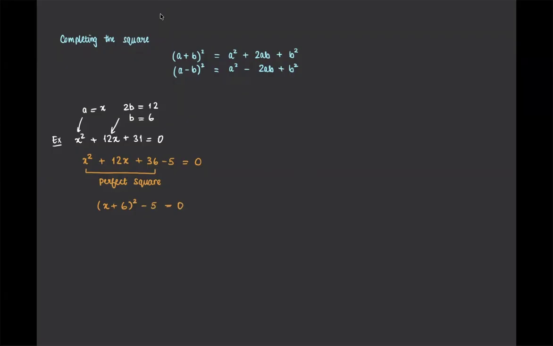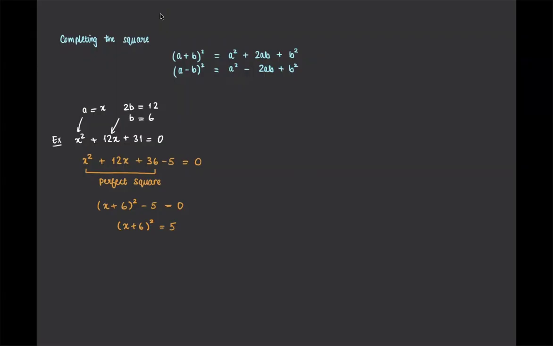And so now I can just solve for x. So I can bring over the minus 5 to the other side, making it positive 5. So x plus 6 all squared equals 5.